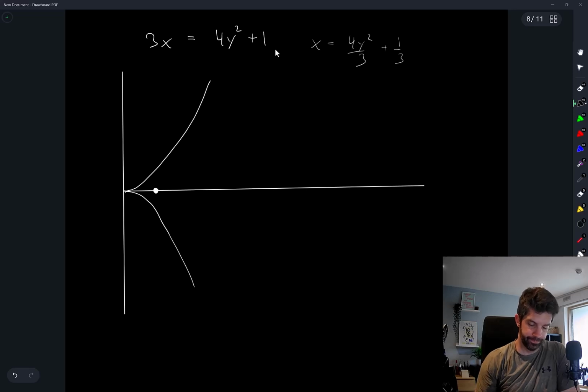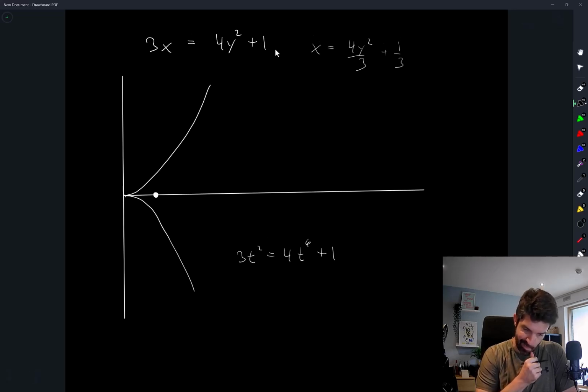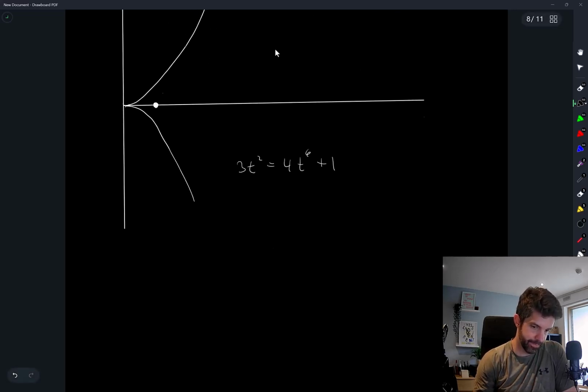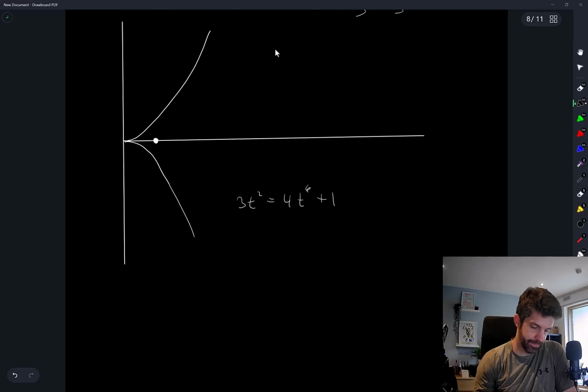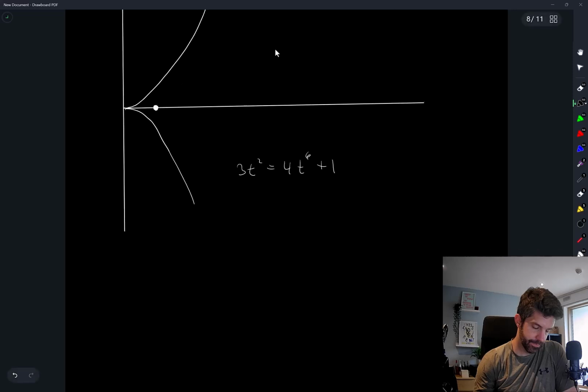Well, if these curves intersect, then there's some value of t where 3t squared is equal to 4 times t to the 6 plus 1.